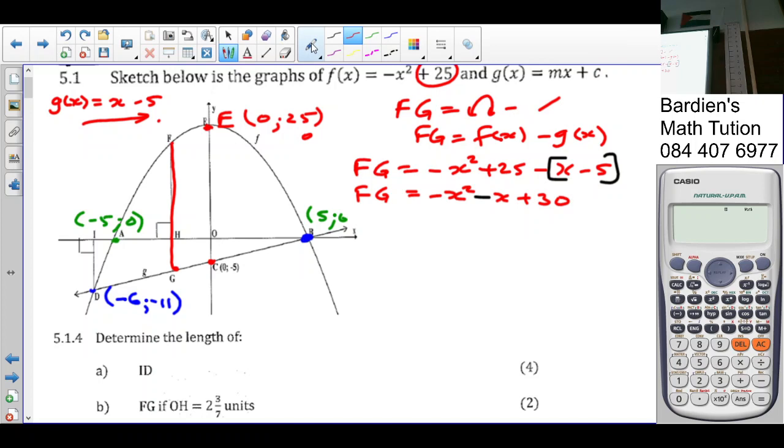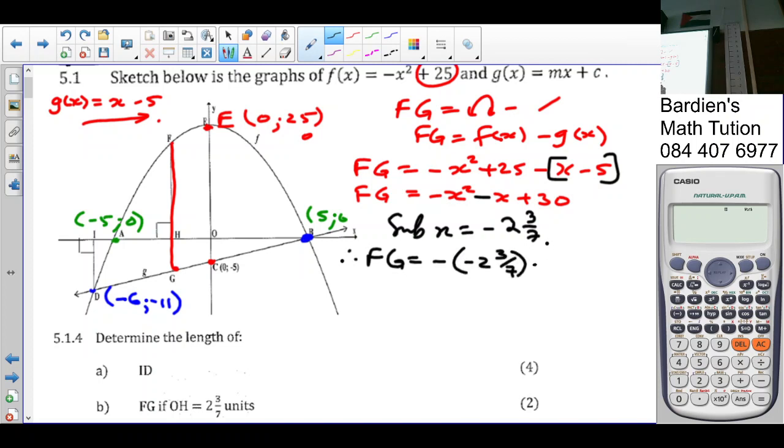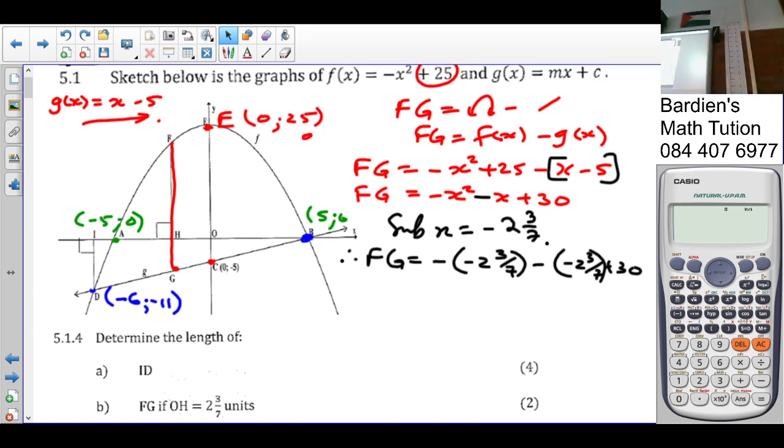So we'll substitute x equal to negative 2 and 3/7. Therefore, FG is equal to negative (negative 2 and 3/7) squared plus negative 2 and 3/7 plus 30. Squared, I forgot the squared.